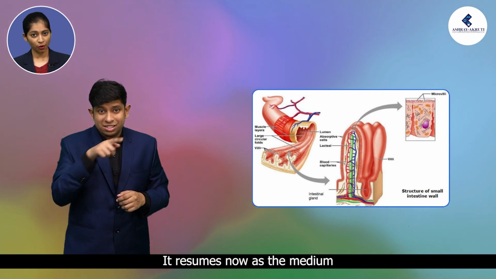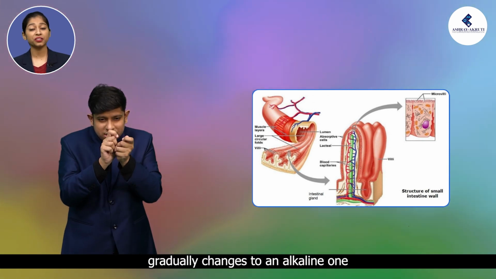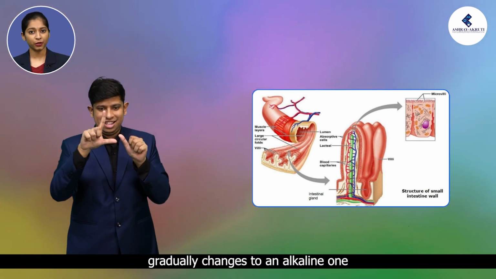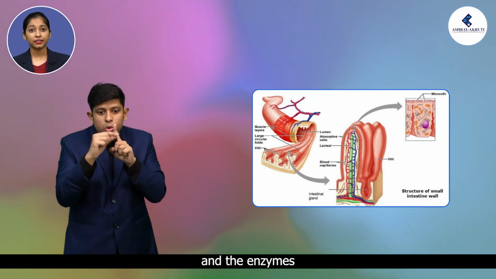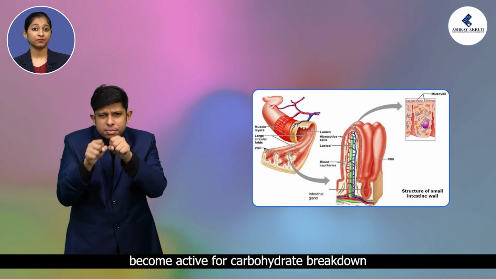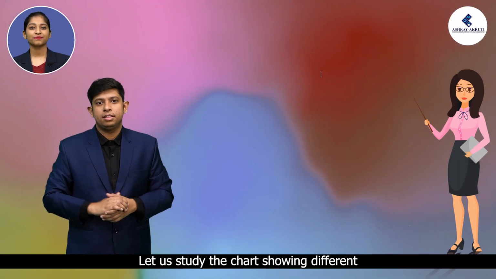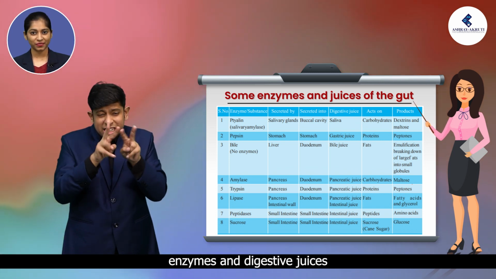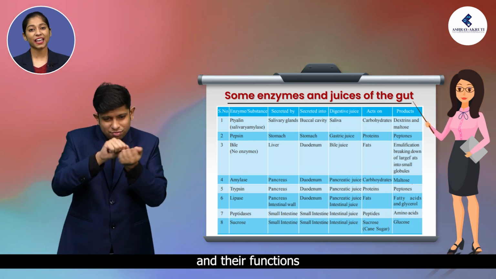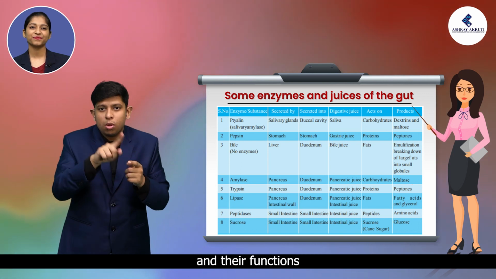It resumes now as the medium gradually changes to an alkaline one, and the enzymes become active for carbohydrate breakdown. Let us study the chart showing different enzymes and digestive juices and their functions.